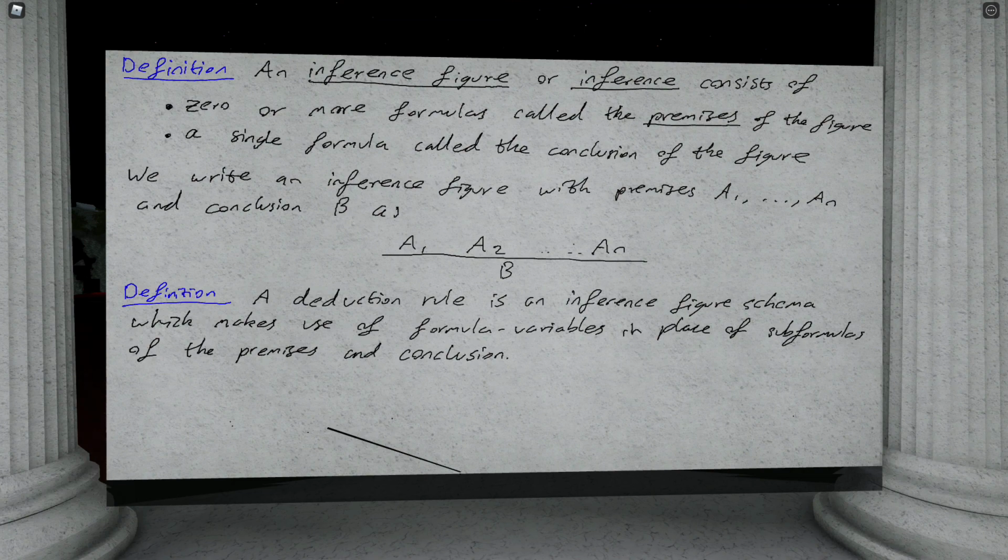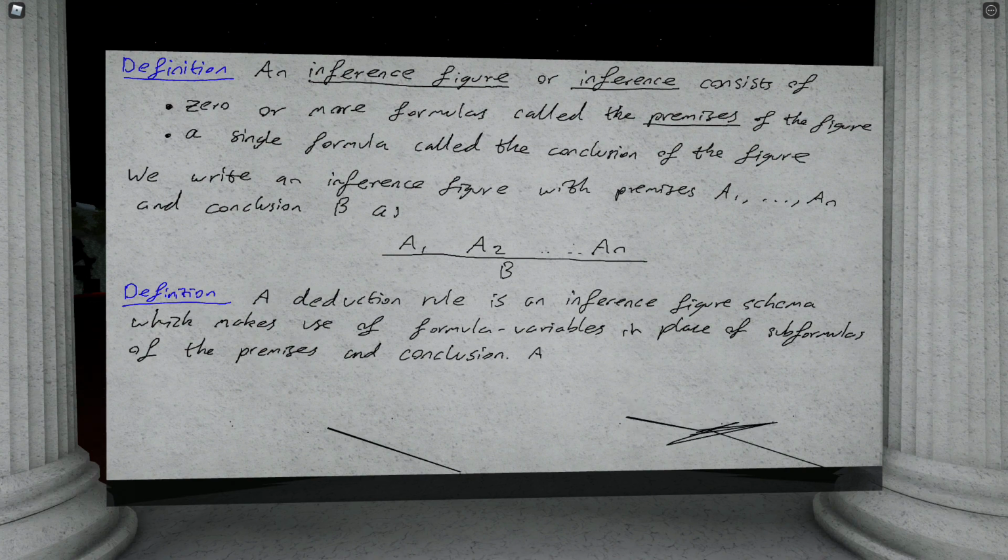They're schemas for telling you how to take any formulas: if you pick two formulas and replace all the instances of A with the first formula and all the instances of B with the second formula, then you obtain a valid inference figure.